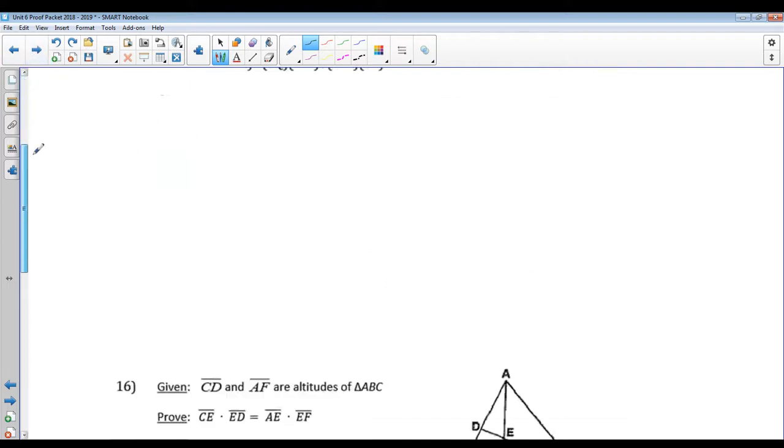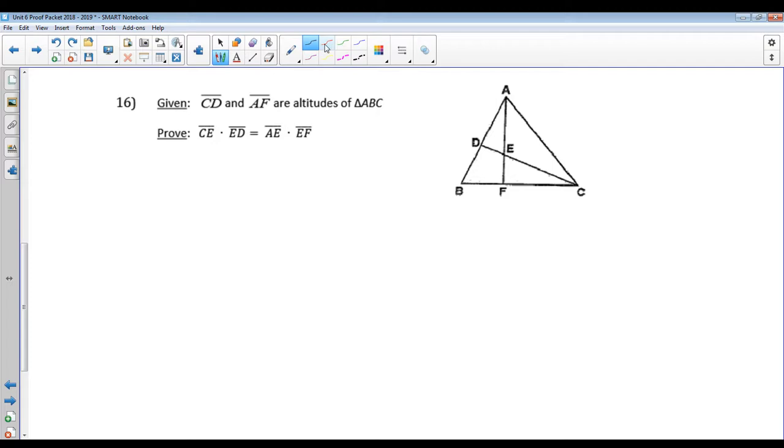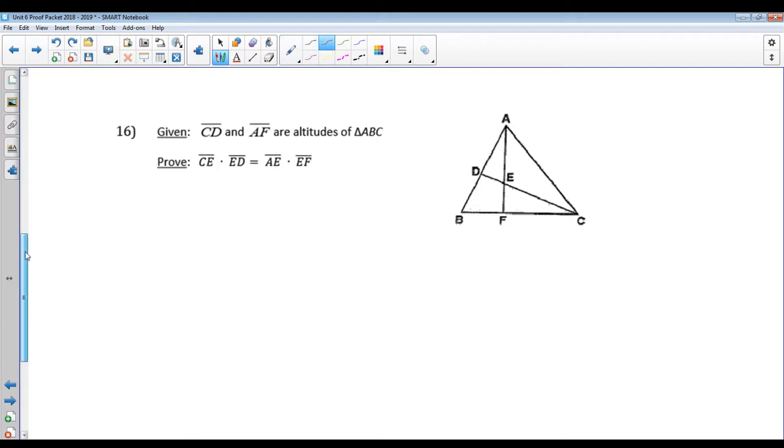There's 3 vertices in a triangle, right? Any of the corners. So like for number 16, for example, if you're challenging yourself and working on these proofs, if I know AF is an altitude, I know it goes from the vertex here, connecting this to a right angle. So that would tell me that angle AFB right here and angle AFC are right angles because it's an altitude. So keep that in mind.